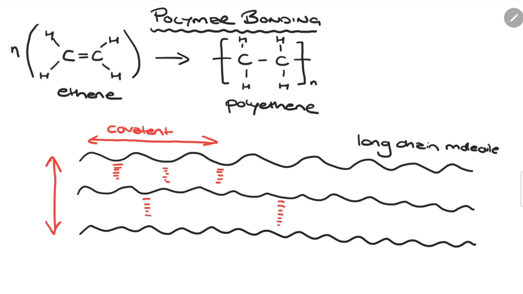And we know that these intermolecular forces of attraction, so forces between molecules, are relatively weak compared to covalent bonds and to ionic forces. But because we have long chains and because we have large molecules, the size of that force goes up.